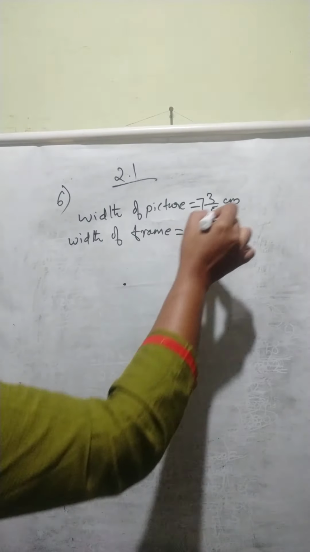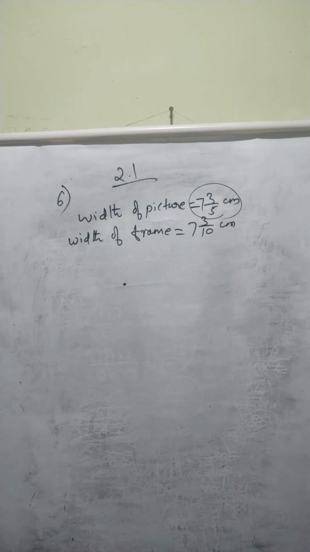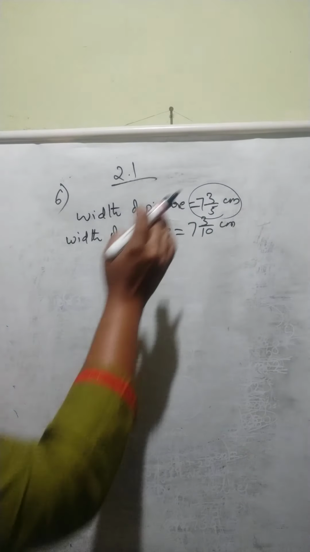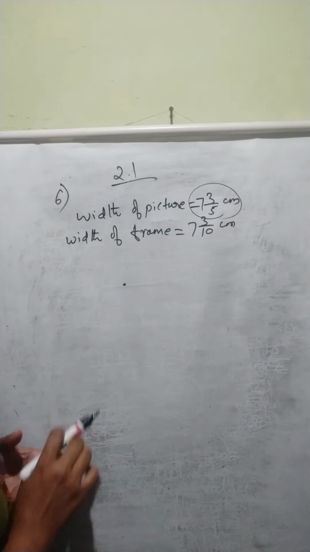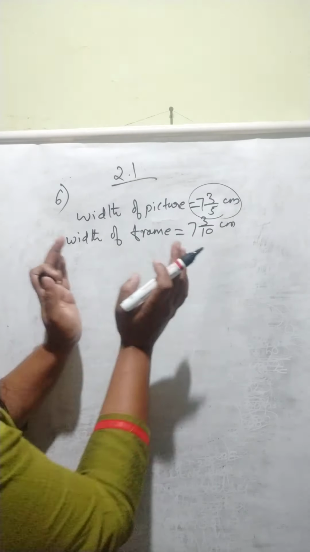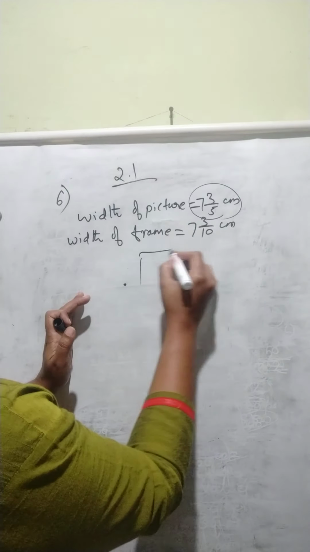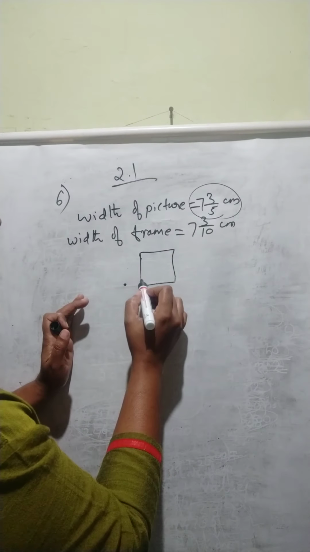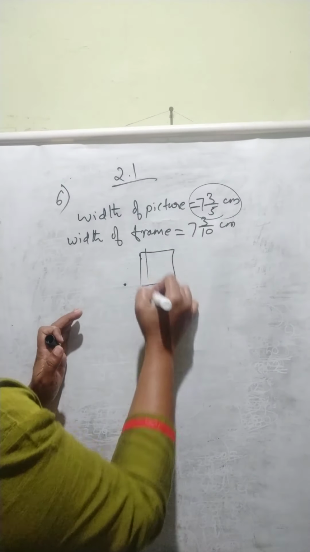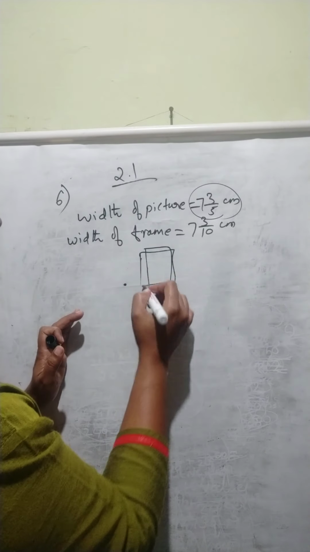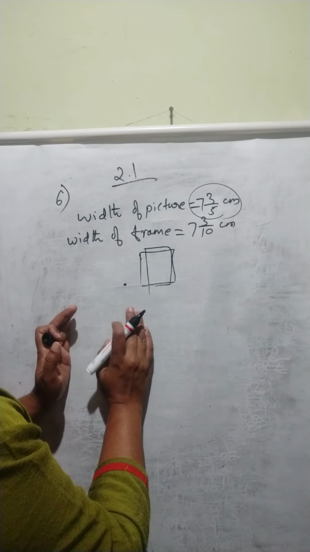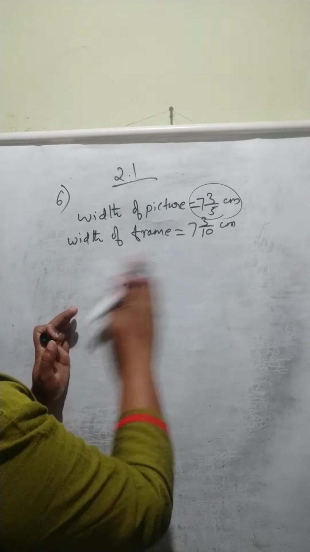subtraction. So here the picture is greater. They said it very clearly, the picture is greater than the frame. So to fit that picture in that frame, actually the picture is this much, but the frame is this much only. So we have to cut that. How much do we need to cut?